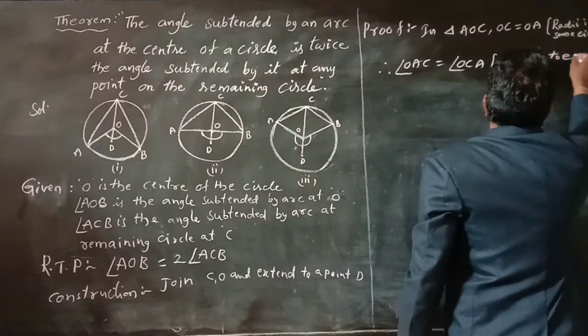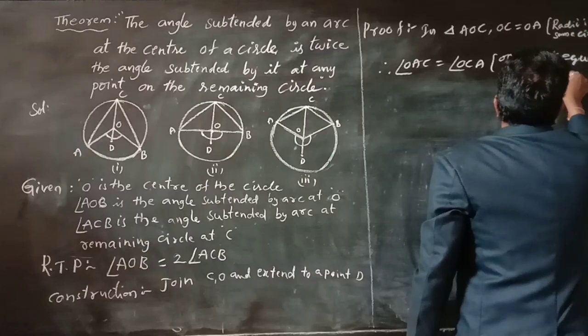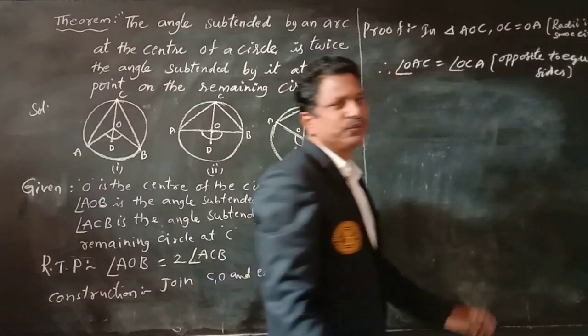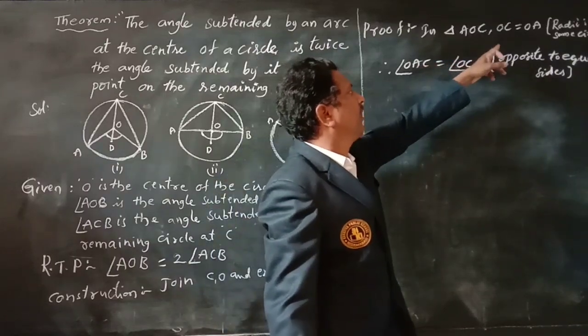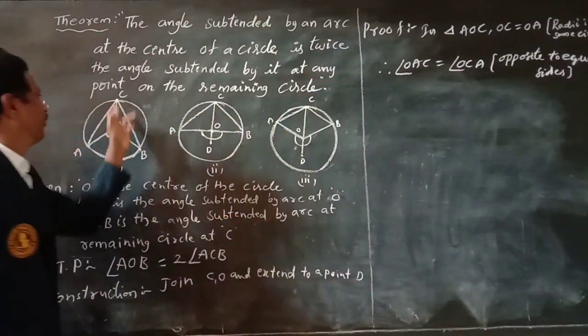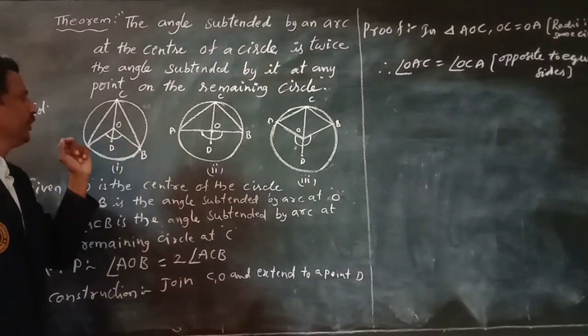In a triangle, if 2 sides are equal, their opposite angles are also equal. Here OC is equal to OA, therefore these 2 angles are also equal.